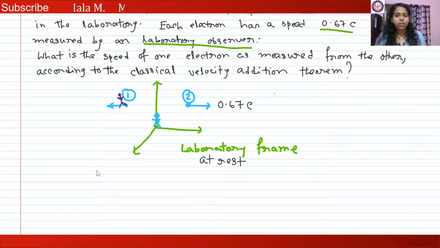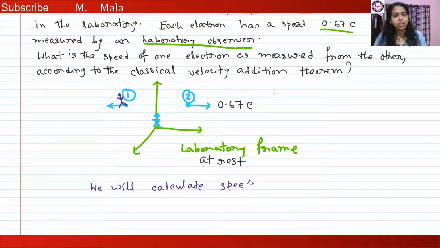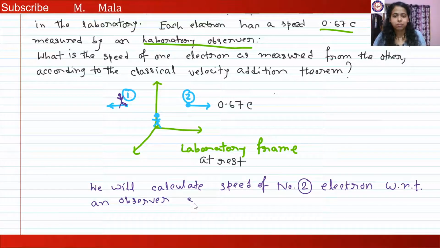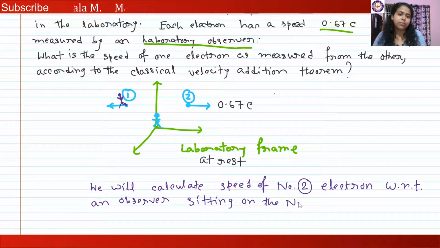So what will I calculate? We will calculate the speed of number 2 electron with respect to an observer sitting on the number 1 electron.